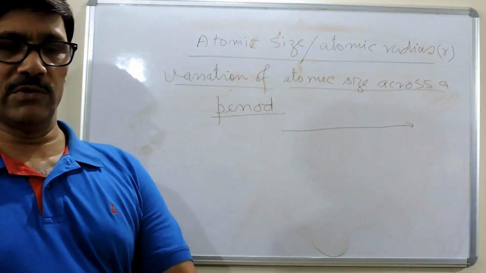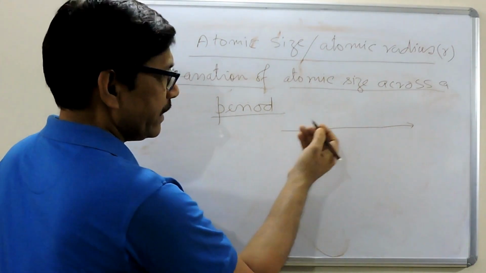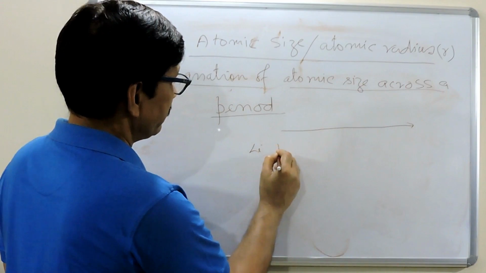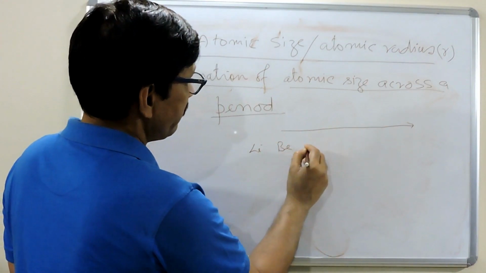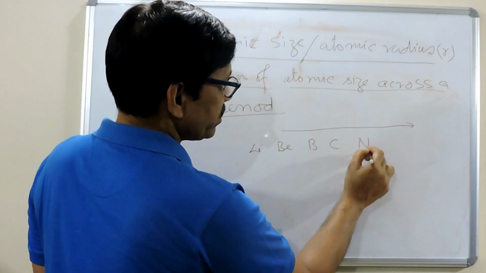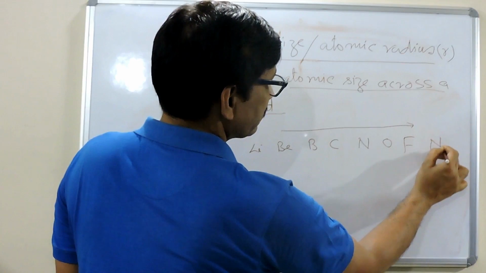For example, suppose we consider the second period. In the second period, we have lithium, beryllium, boron, carbon, nitrogen, oxygen, fluorine, and neon.